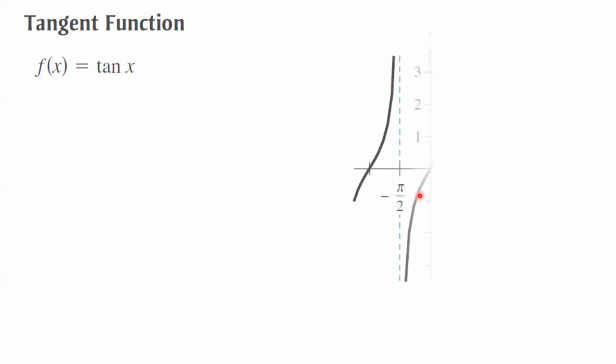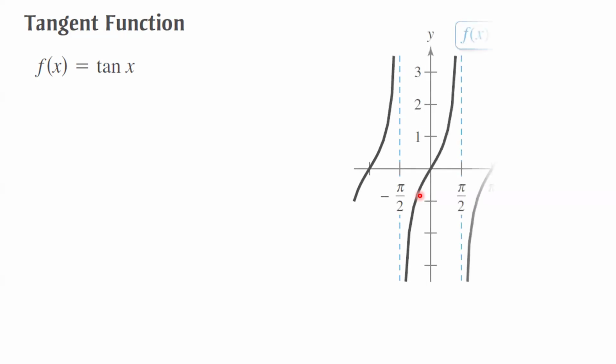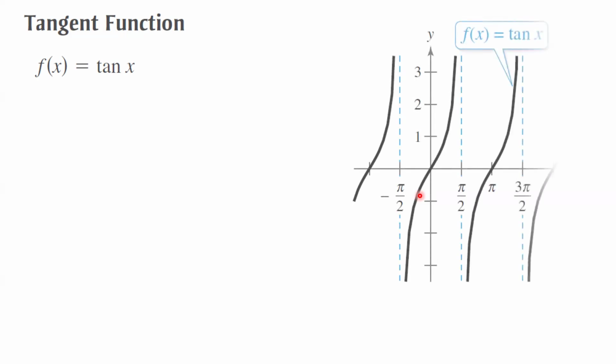The next function is the tangent function, which is defined as f of x equals sine x over cosine x, or tangent of x. The behavior of the graph repeats itself from negative infinity to positive infinity, but it has a lot of vertical asymptotes. So what's the domain of this function?